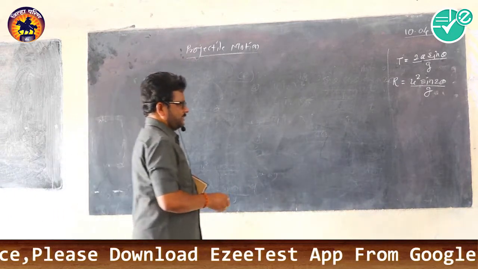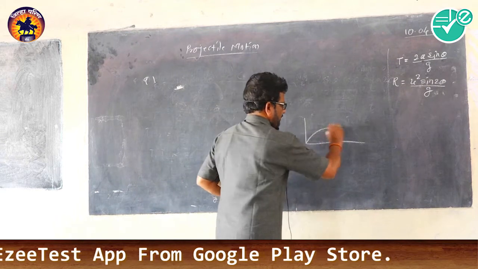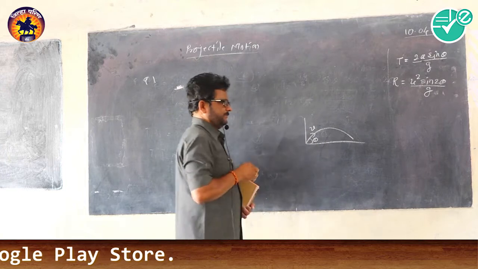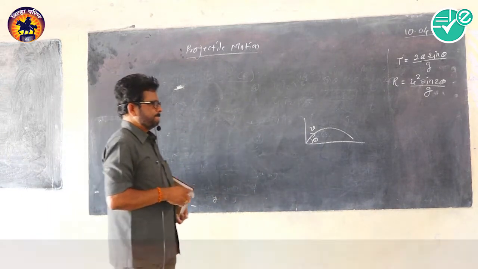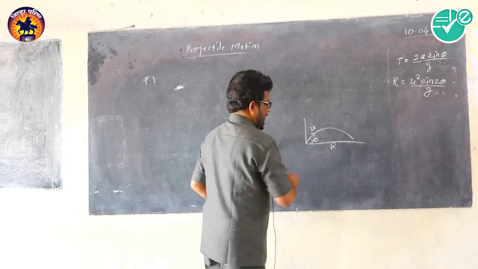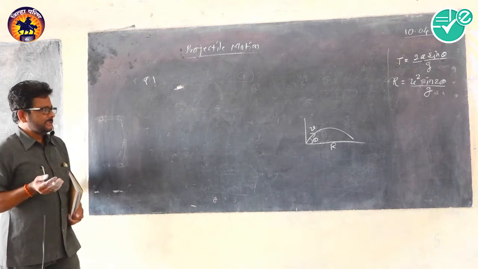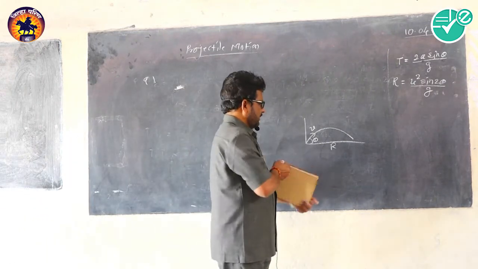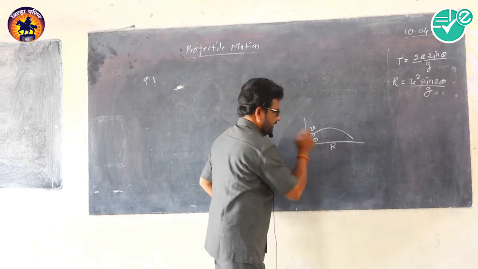A projectile is thrown with initial velocity u by making some angle theta, so that its range is R. Now the question is like this: if its initial velocity is doubled, then what will be the range?